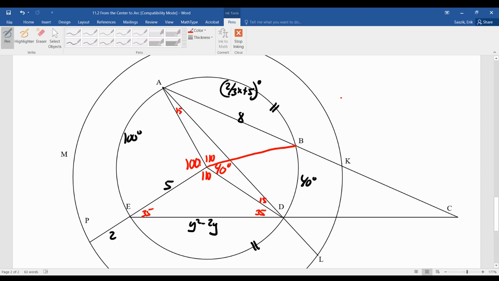Look at this isosceles triangle up top. Vertex angle is 110, so the base angles both have to be 35. So that's 35. This would have to be 35. If that's 15, that's 20. Notice this 20 is an inscribed angle here, and you see it's half of 40. So we could have gotten it that way as well.